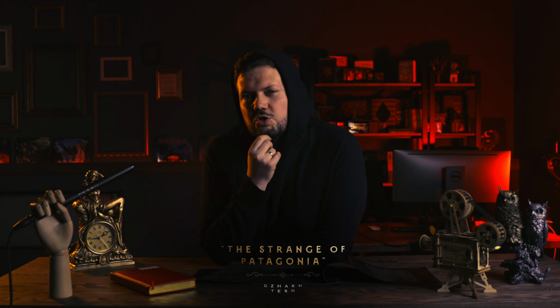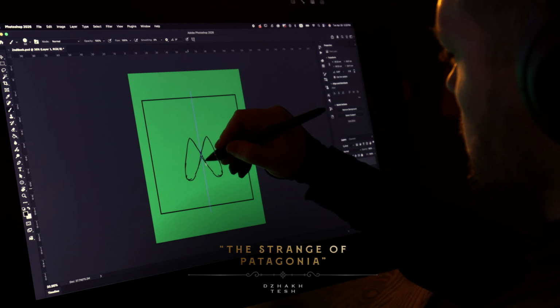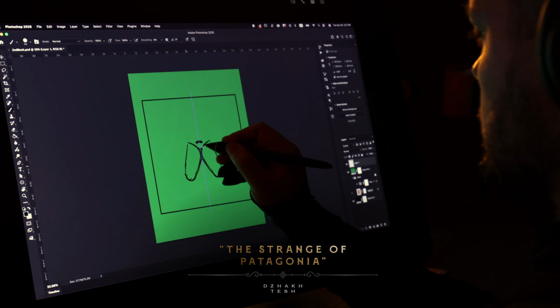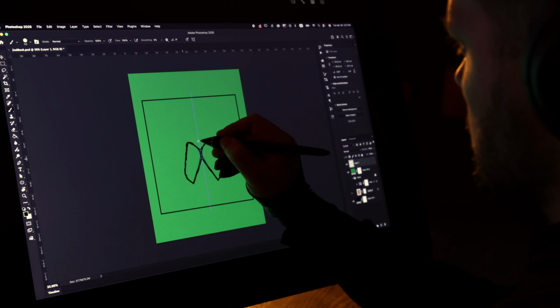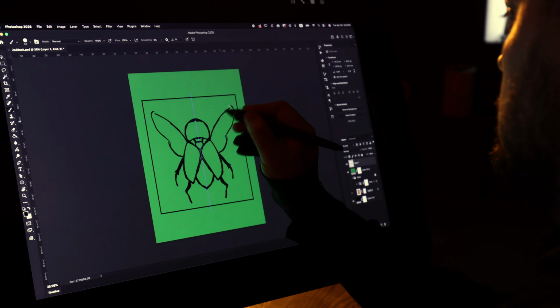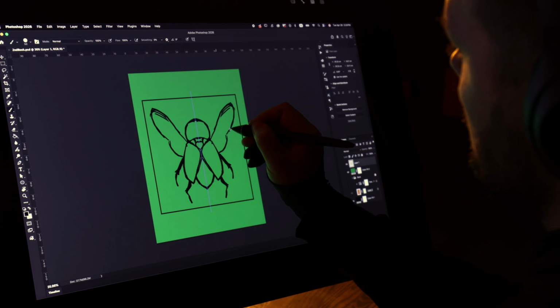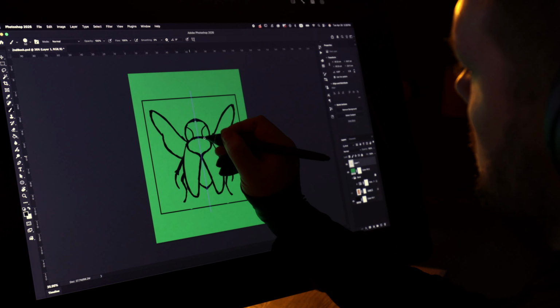Now, the third book that I was tackling is called The Strange of Patagonia by Jacques Tesh. Jacques Tesh is an investigative traveler who hunts the most obscure and improbable ideas imaginable. Be it misplaced creatures, impossible ecosystems, rivers that shouldn't exist, legends that most people dismiss immediately. And he does it not because he expects discovery, but because he understands that exploration itself is the destination.